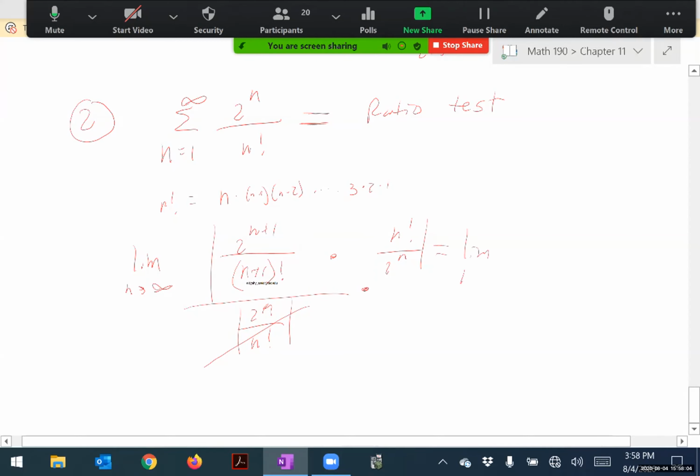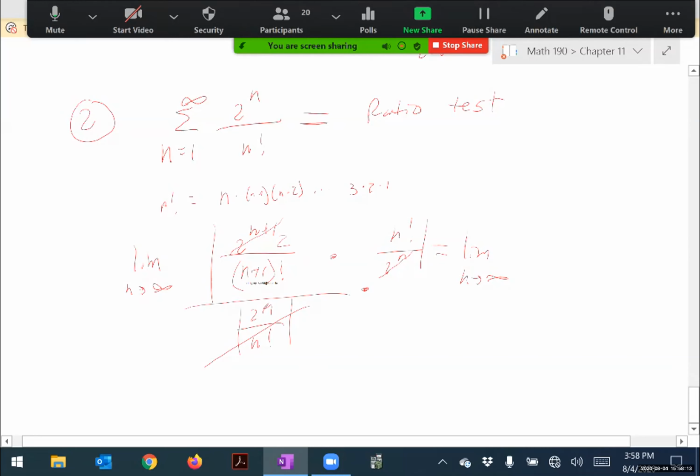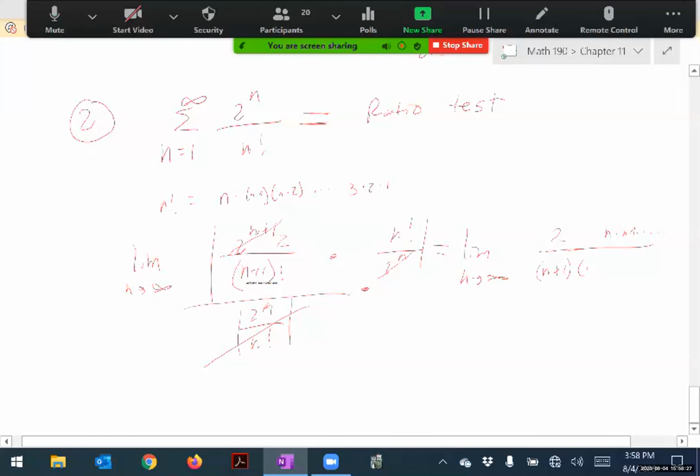So what is this going to be? This is the limit as n goes to infinity of, well, the 2 to the n plus 1 and the 2 to the n cancel and leave just a 2. What's n factorial? n times n minus 1 times dot dot dot. What's n plus 1 factorial? Isn't that n plus 1 times n times n minus 1 all the way down?